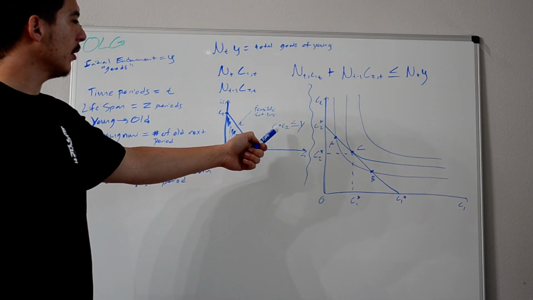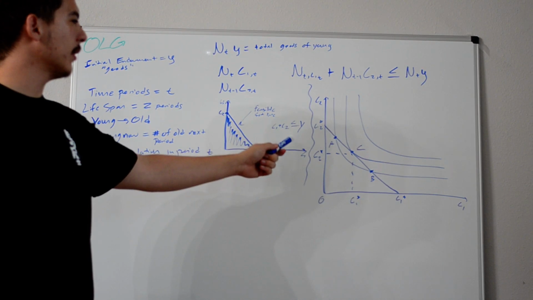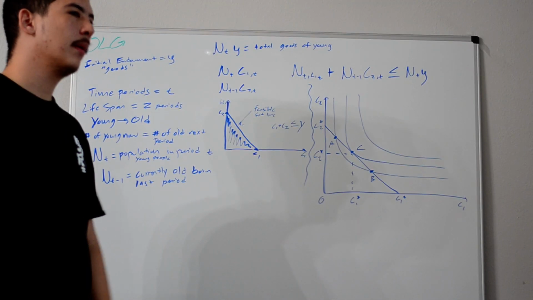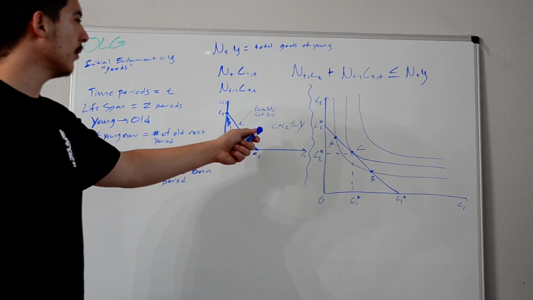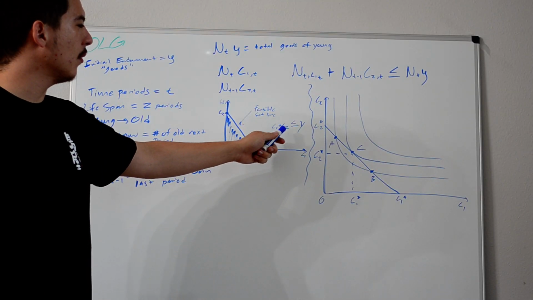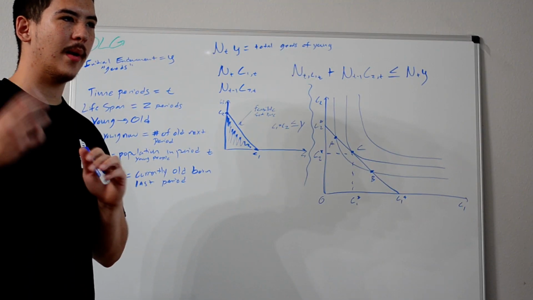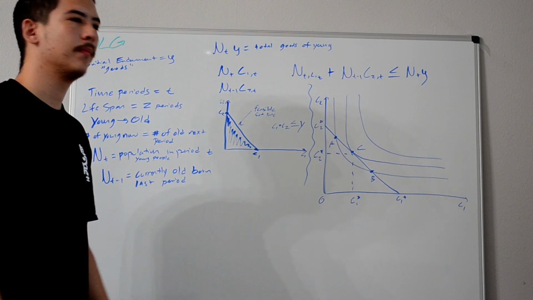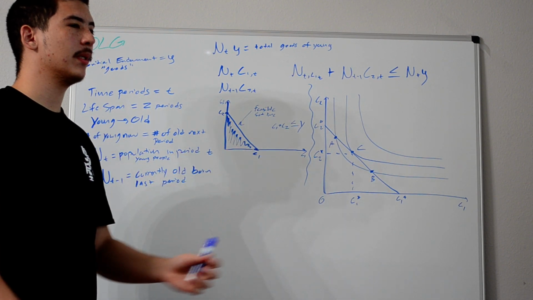So this says that the consumption of good 1, the consumption of good 2 is less than or equal to Y. Now again, they're not necessarily individual goods, but it's consumption of young people and consumption of old people is bound. It cannot be more than the amount of goods in the economy. That's what this represents. So less than or equal to is always a bound.